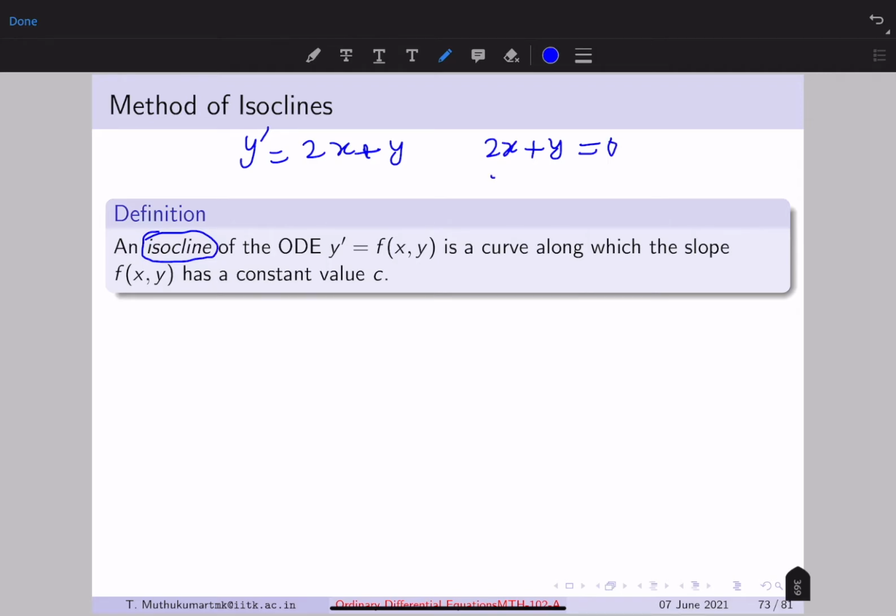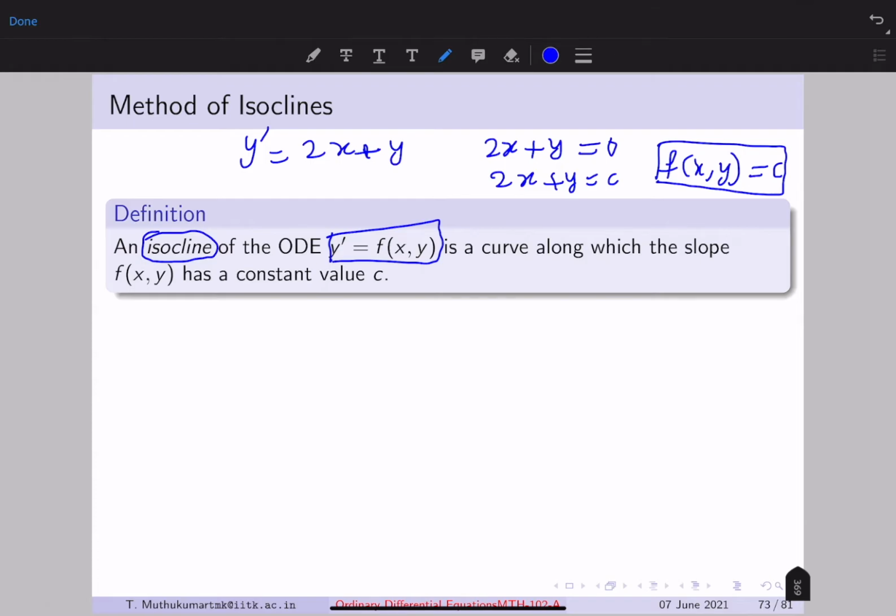If you want to find the curve on which the slope of the tangent is c, then you solve this, right? More generally, when you have this ODE y prime equals f of x, y, if you want to find the curve on which the slope of the tangent is c, then you look at the set of all x, y such that f of x, y is c.